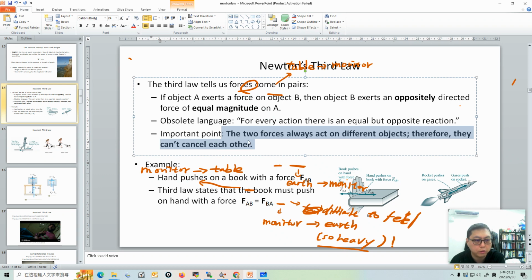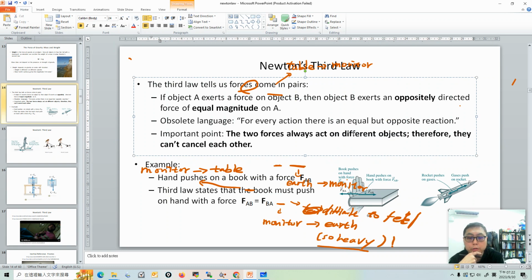That's an important concept because later we'll show a term called free body diagram. In a free body diagram we never show the action and reaction pairs, because they act on different objects.